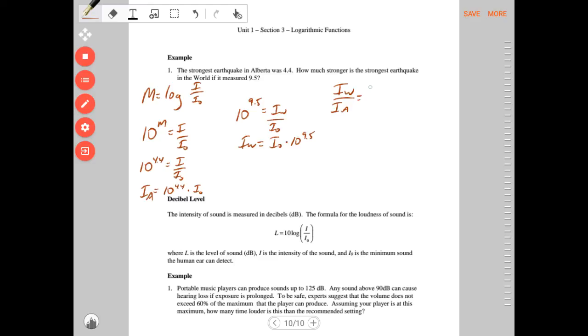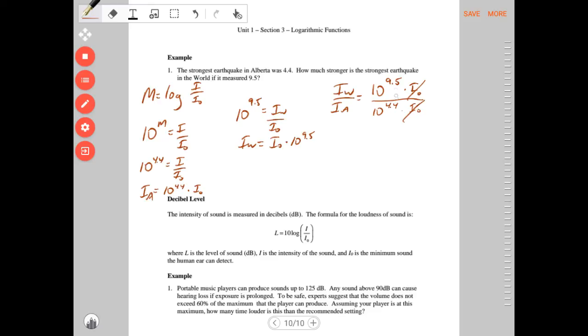So this is going to be 10 to the 9.5 times the base intensity, over 10 to the 4.4 times the base intensity for the Alberta earthquake. See what I mean? The base intensities just cancel out. That's cool.